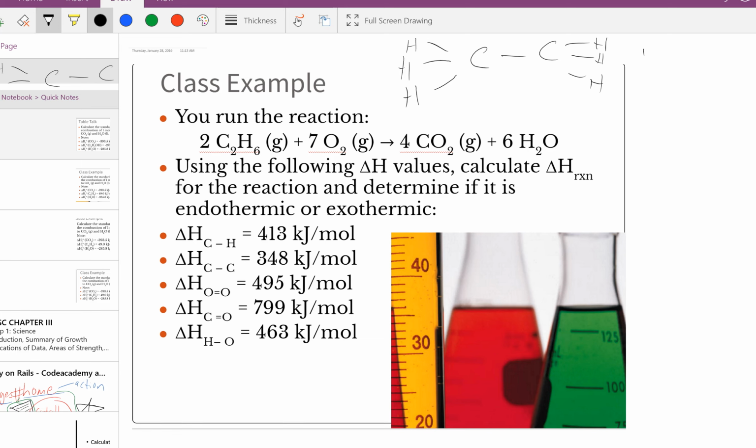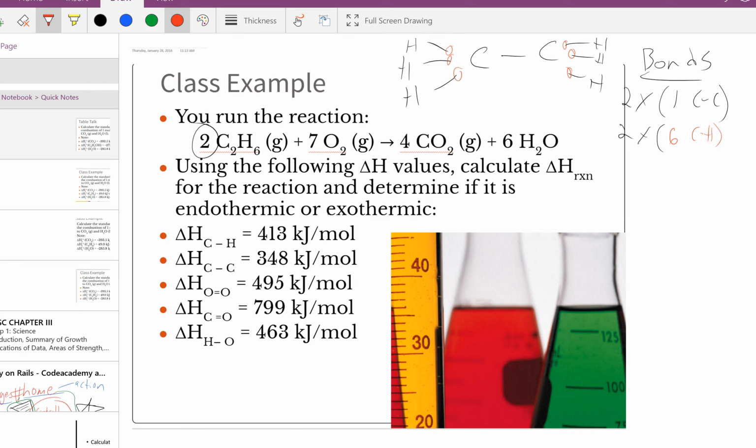So under bonds broken, I know that there is at least one, and wait, we have a molar ratio, by the way. 2 times 1 carbon to carbon bond. And then also 2 times 1, 2, 3, 4, 5, 6 carbon to hydrogen bonds. You see that? We know that those bonds are broken, right?